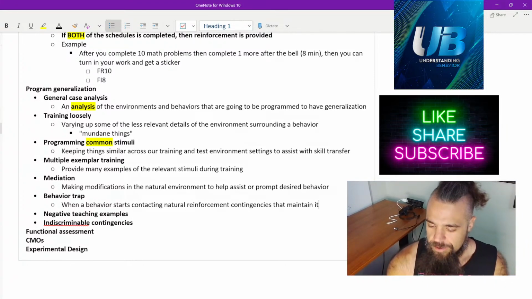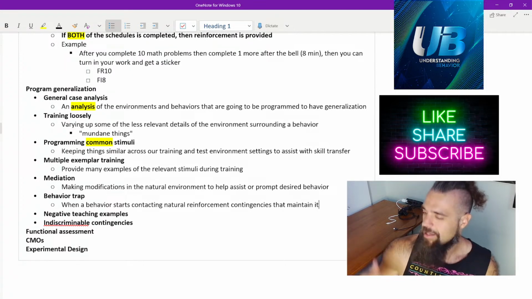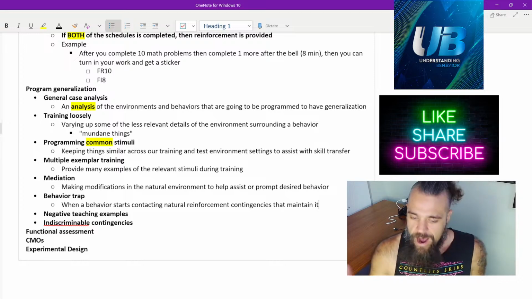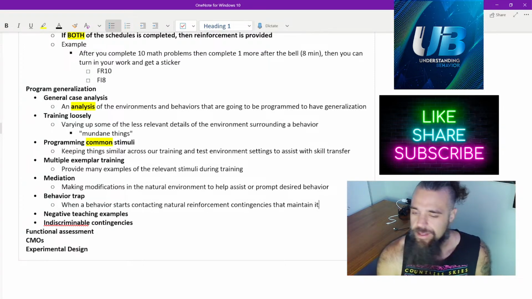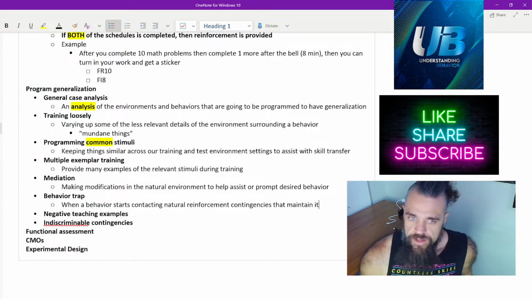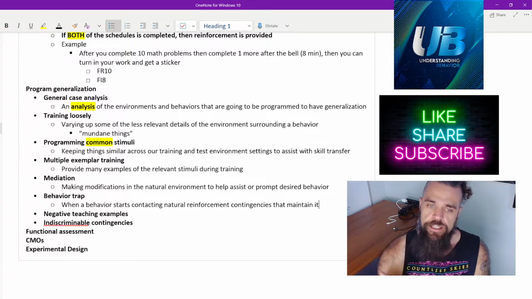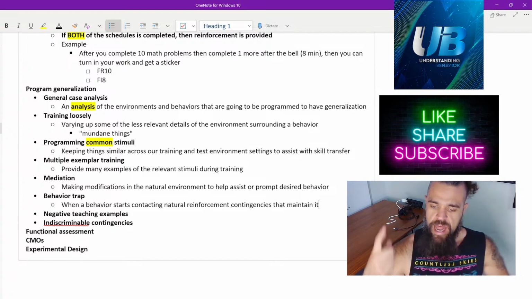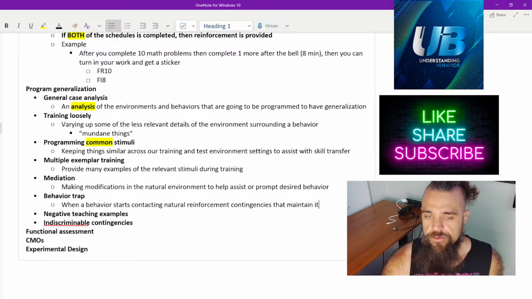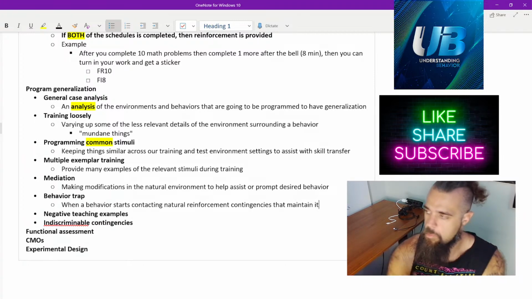He rides them a little bit and then goes to something else, and then he goes back to them later, without any prompting or even the attendant seeing. That would be an example of a behavior trap, because it's contacting reinforcement from naturally engaging in the behavior, and that natural reinforcement is what is going to maintain the behavior.